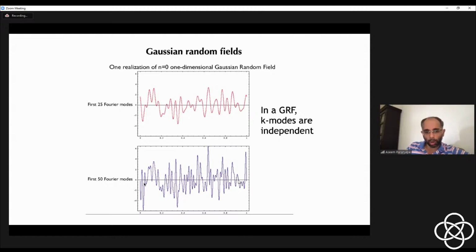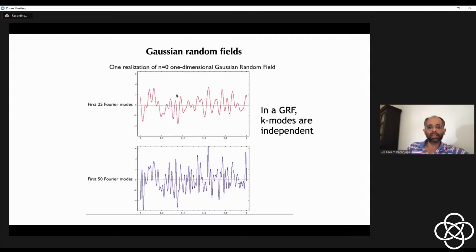But a lot of noise is added which has very high frequency. It's going up and down much more rapidly than it was here. I hope you see that. Okay, and this is because the modes that were added here had wave numbers which were larger, k values are larger. So remember that k is a wave number, right? So it is like a frequency. So these frequencies are higher. So that's why you see that the frequency of the jaggedness is also more rapid here.